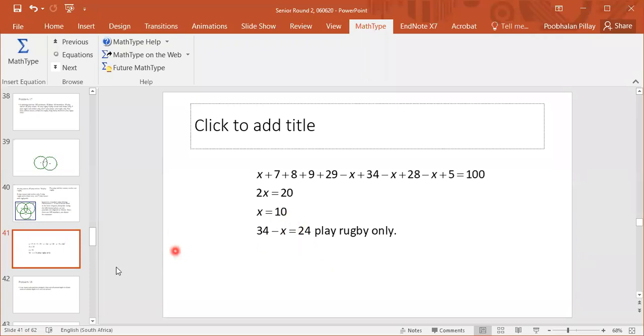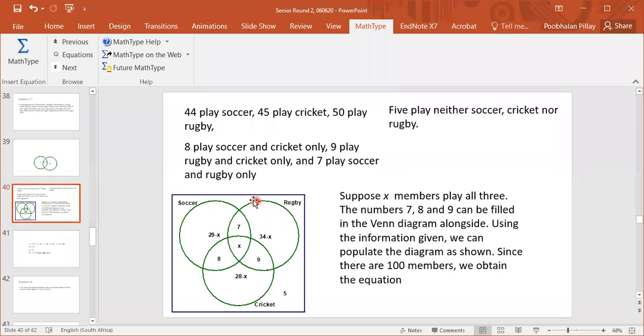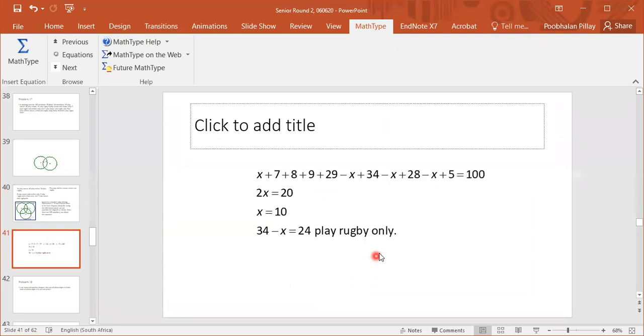X is 10. And if you look at the rugby only, there's the rugby only here. These are the people who play only rugby, and we calculated that to be 34 minus X. So 34 minus 10 is 24. So there are 24 people who play rugby only.